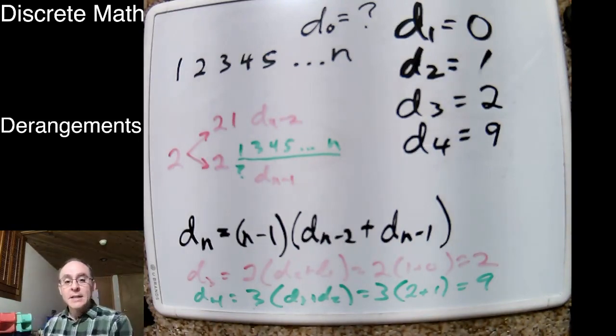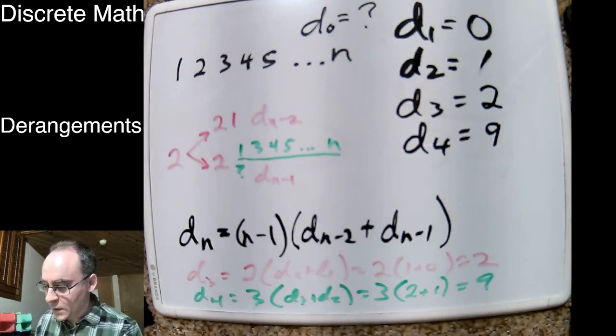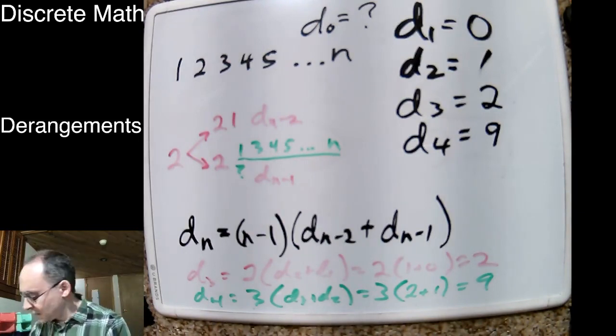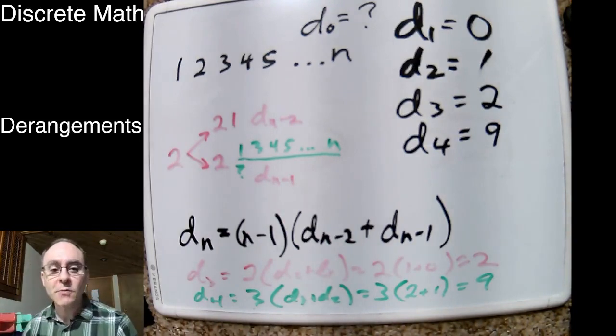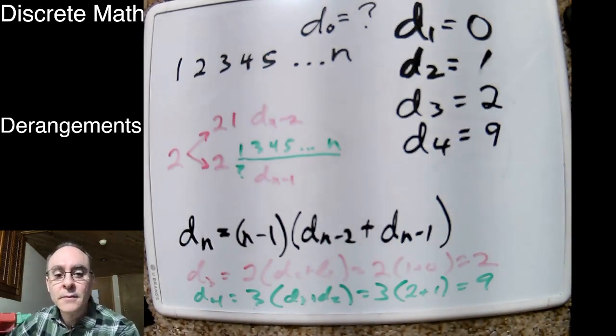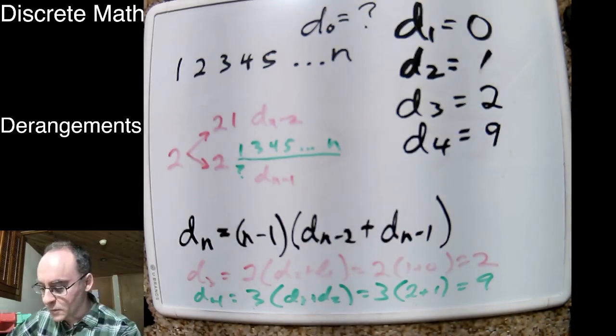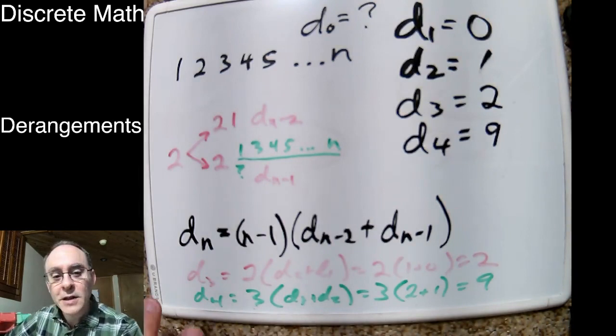And in fact, that is the general formula for the number of derangements. But now we've written it in this important form, what we call a recurrence relation, where each element in the sequence can be defined in terms of previous elements. And what we're going to move on to very soon, as one of our next topics, is ways of rewriting recurrence relations and solving them in terms of other things.